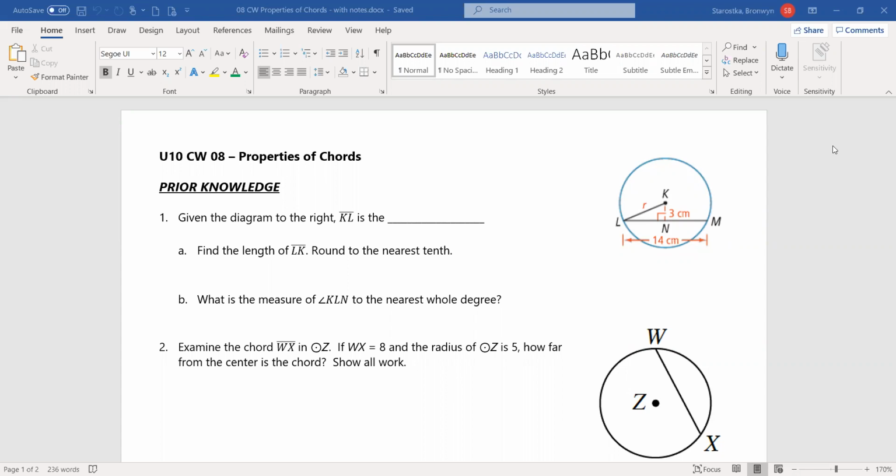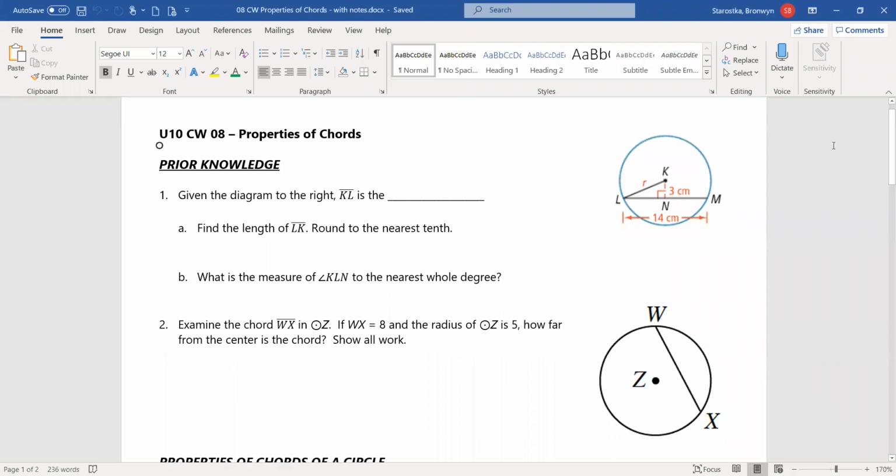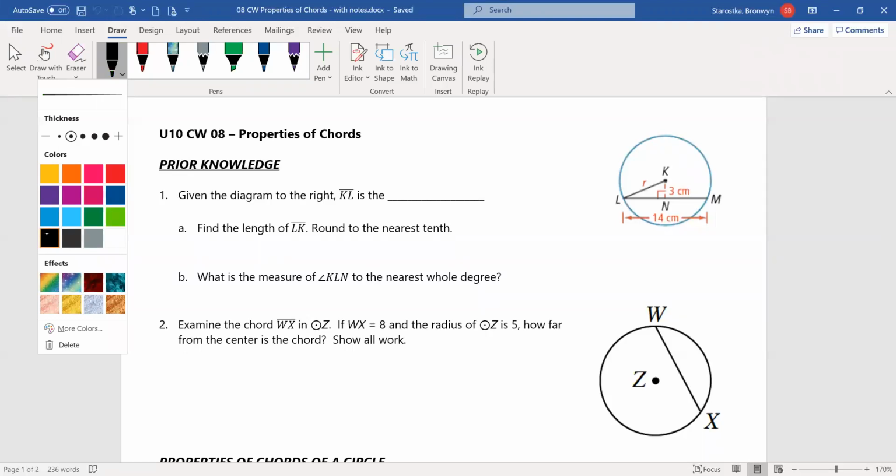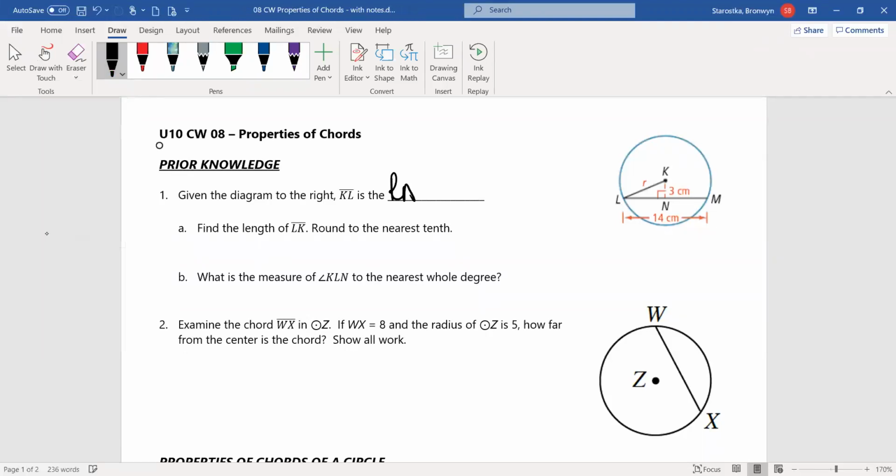Given the diagram to the right, KL, if you look at that, clearly that is the radius of this circle. Find the length of LK and round to the nearest tenth. So I'm going to redraw this out here.